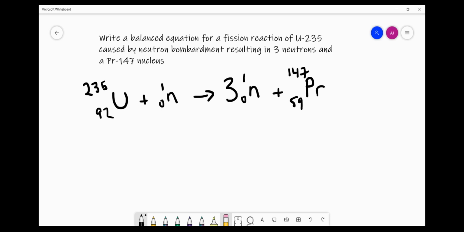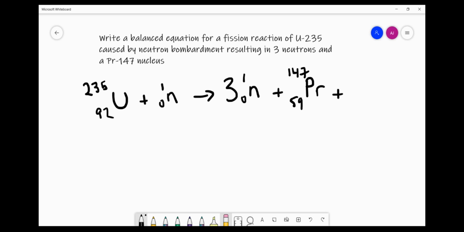So if we compare the atomic numbers and mass numbers, we see that they're not balanced. So we know that there's going to be another nucleus. And this is typical of fission reactions: 2 or more nuclei on the product side, and then some particles that are split off as well, typically neutrons.